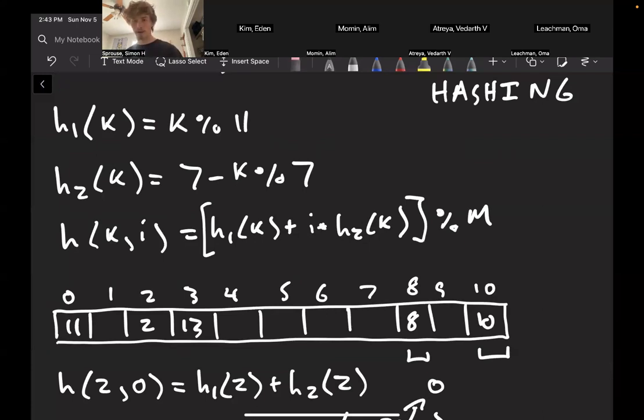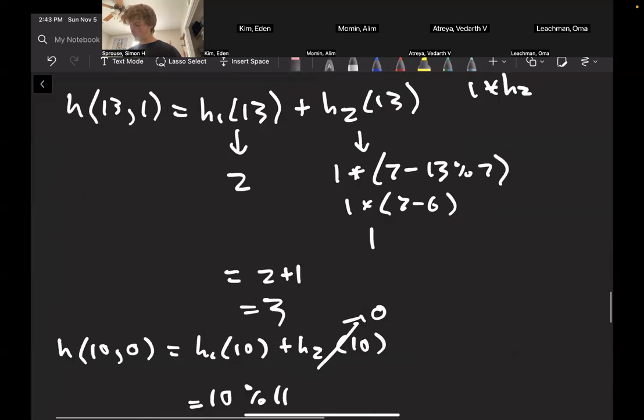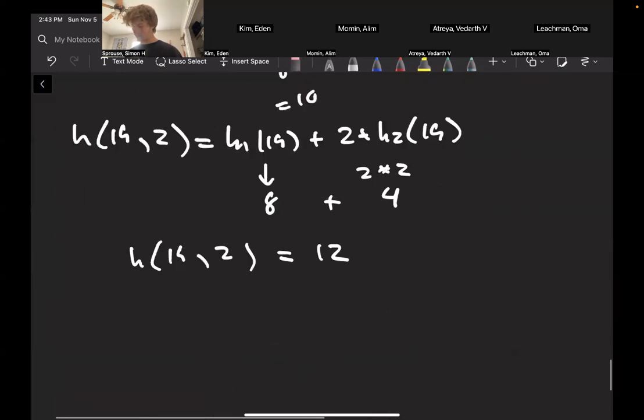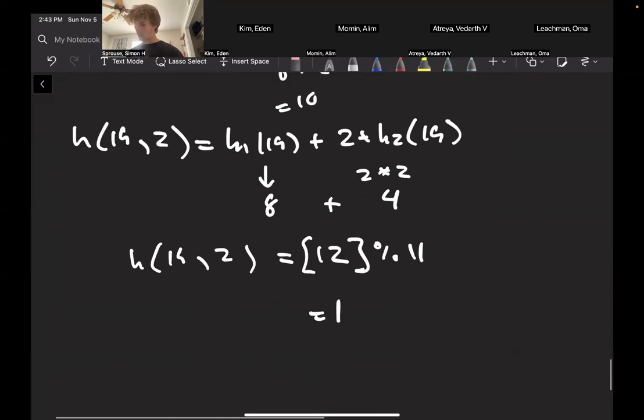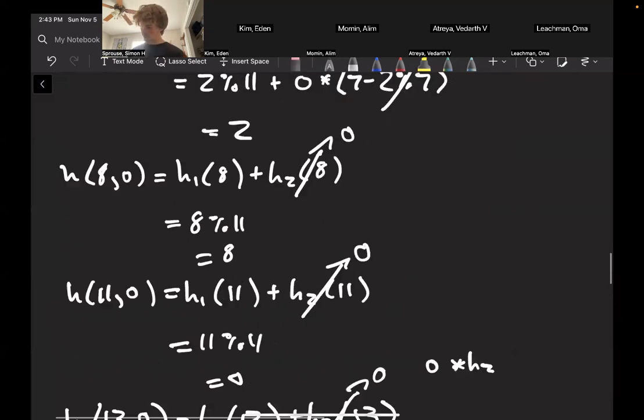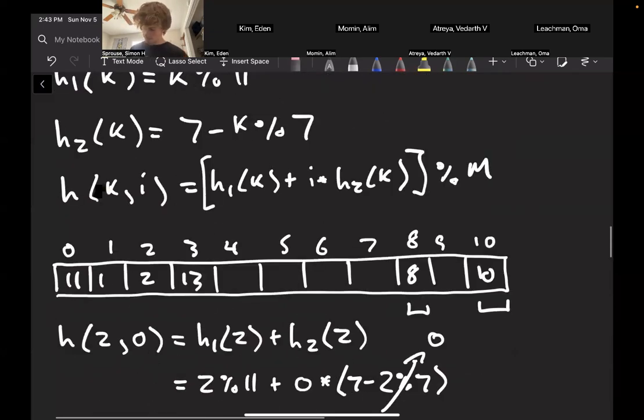We just wrap back around, which in this case is going to give us 1, I think, right? 12 mod 11 is 1. So can we put 19 at index 1? Can we do that? Yes, we can. Aha. Okay, let me actually draw that in a way that is not terrible.